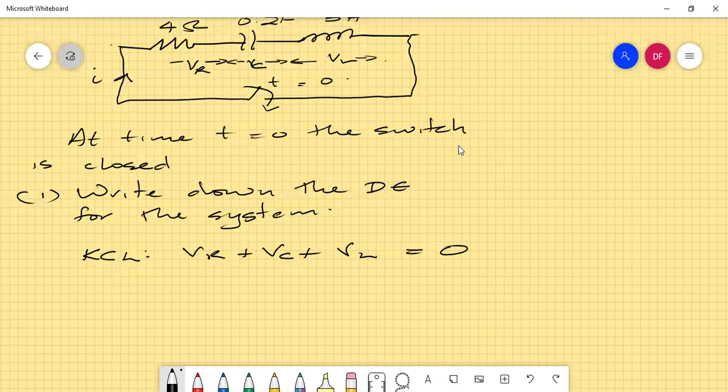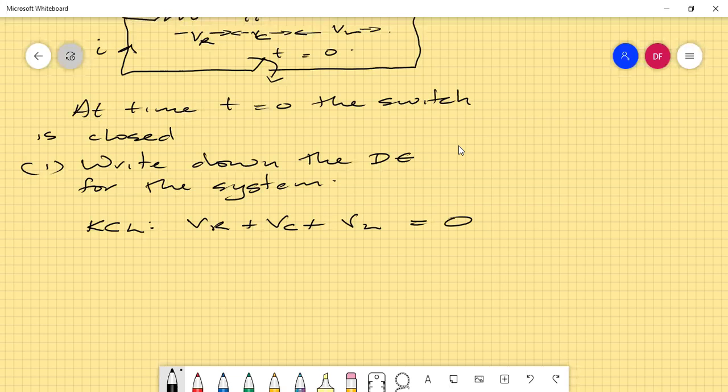So now we can write down the current-voltage relationship: IR plus 1 upon C, integral of i dt, plus L di dt equals 0.